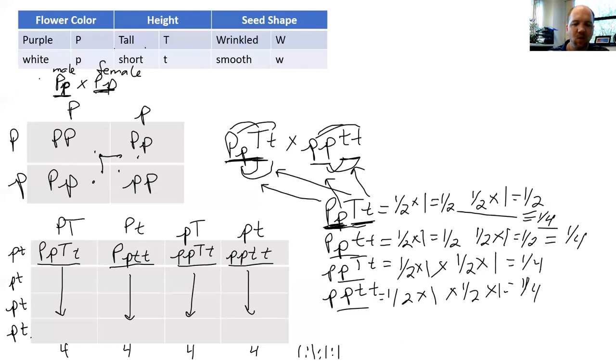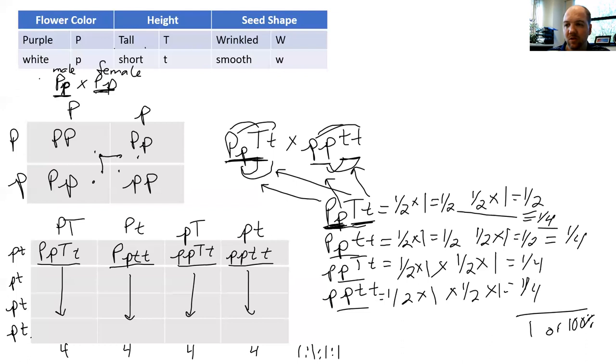So the probability of getting any one of these is going to be 1/4. That's going to equal 1 or 100% in total. And so the probability of getting any one of these is 25%. So that's how you do it mathematically.